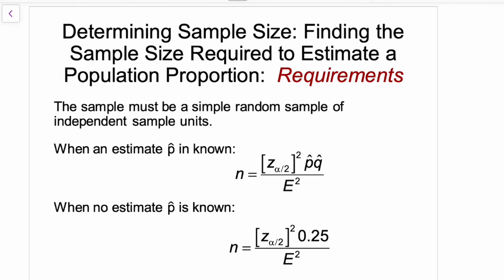If we do know an estimate for p hat, we get the first value for n. n is our critical value squared times p hat times q hat, all divided by our margin of error squared. If we get no estimate for p hat, then we get a very similar formula, but instead of p hat and q hat, we replace that with 0.25.